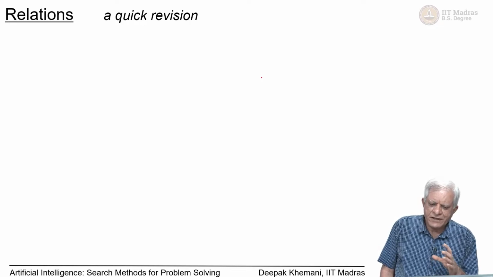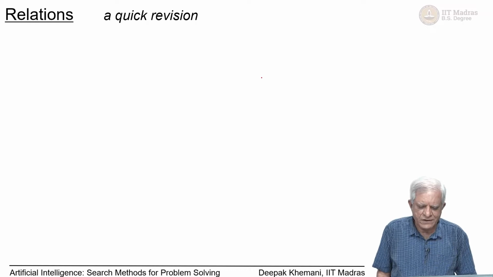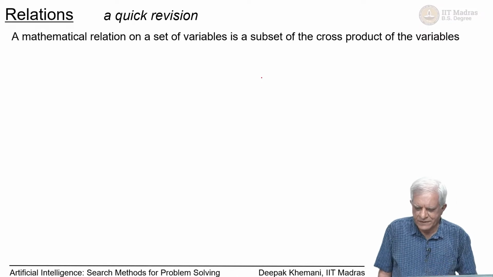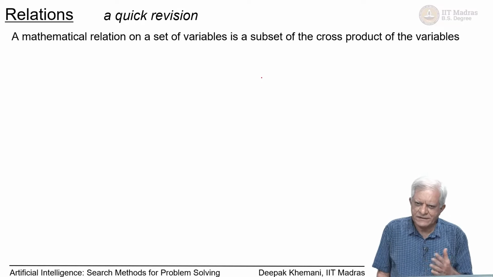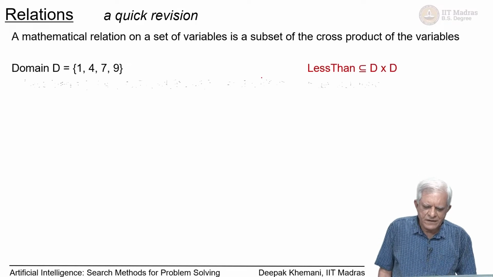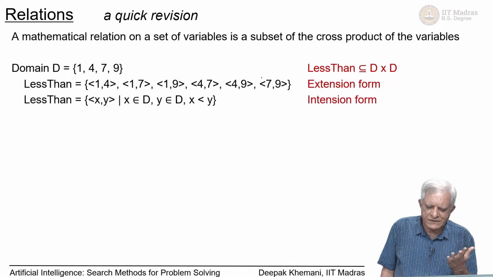So, a little bit of mathematical background about relations, which I am sure you are familiar with. A mathematical relation on a set of variables is a subset of the cross product of the variables essentially. So, brother, sister, aunt, all these are relations. Here there is a domain of 4 numbers 1, 4, 7, 9, and the relation we are trying to define is the less than relation.